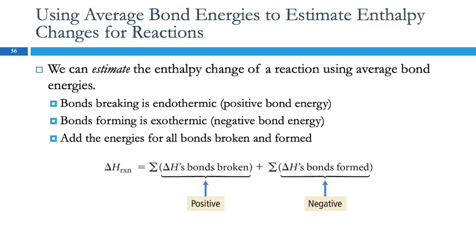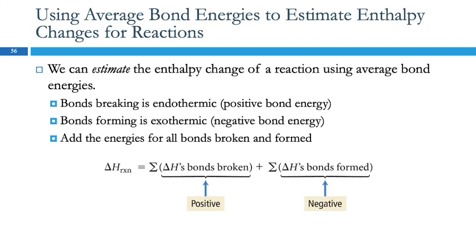So we can estimate the enthalpy change by thinking about taking the reactant molecules apart, breaking some of their bonds, and then putting them back together, making some new bonds. So bonds breaking is endothermic, putting energy in. So those are going to be positive numbers. Bonds forming is exothermic.